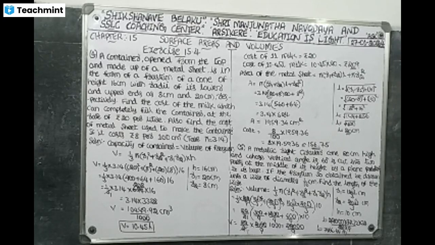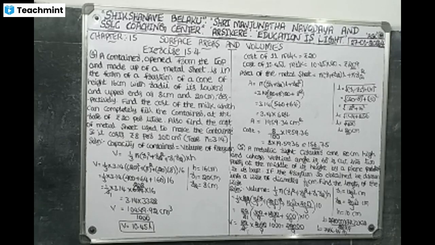Area of the metal sheet is equal to pi (R1 plus R2) L plus pi R2 square. Pi taken outside: (R1 plus R2) into L plus R2 square, write it in the bracket.